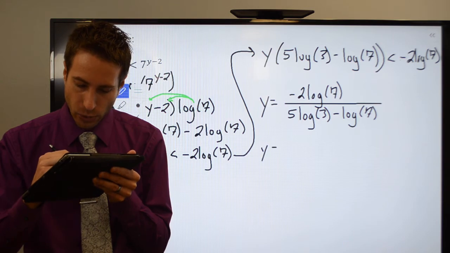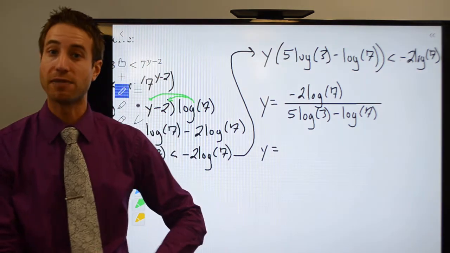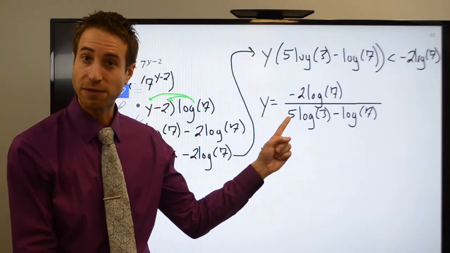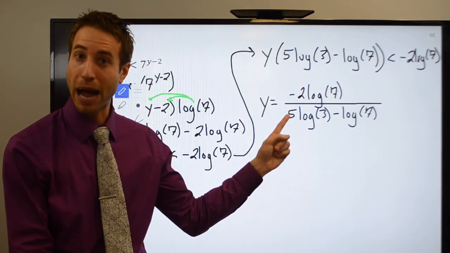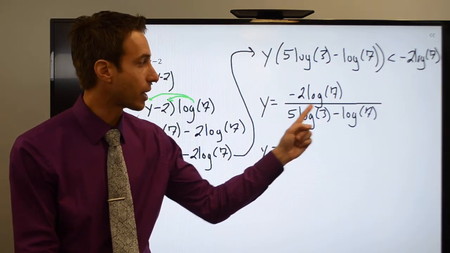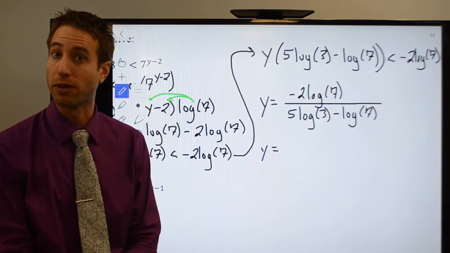But there's a little bit more that we can do here. Some properties of exponents apply. First of all, this 5, this coefficient, I can use the power property of logarithms going the opposite direction to make it the exponent on the 3.